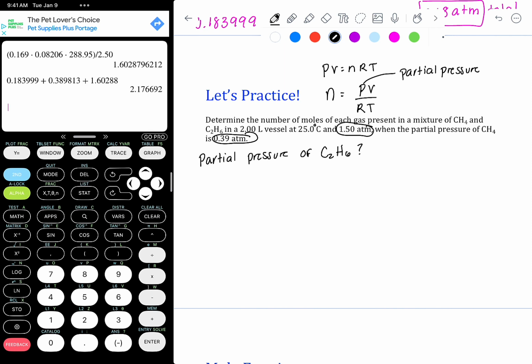So what I want you to do is pause your video and think of how you would find that partial pressure of C2H6 given that you have the total pressure and the partial pressure of CH4. Then once you find that partial pressure, you can calculate the number of moles for both CH4 and C2H6. So try that. Pause your video and try that now.